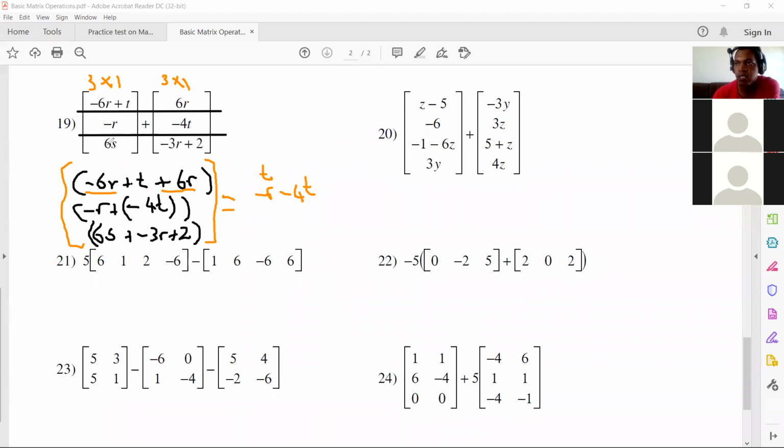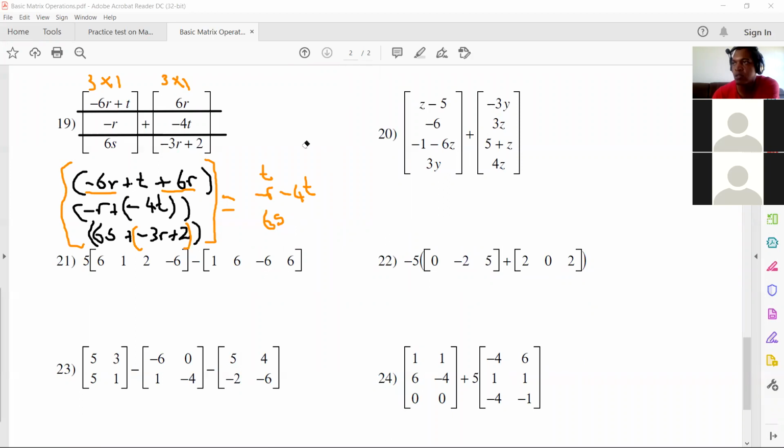The other one is 6s minus 3r plus 2, so these are all different terms. None of them are like terms, so I will just remain with that. 6s plus, and remember again, I forgot to put the bracket for that one. There is a bracket here because it's plus bracket minus, which will result in a negative.